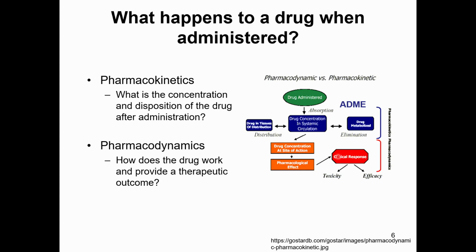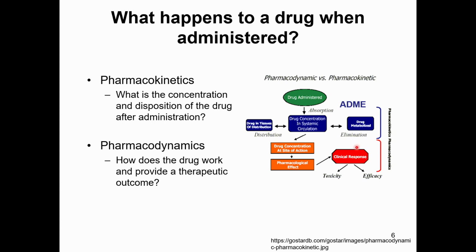Maybe it causes it to open and close channels, and ions go in and out of the cell, for instance. Or maybe it causes the cell to change shape. Or if it's a muscle cell, maybe it causes it to contract or relax. So what is the cellular physiology that's elicited by that receptor? And the drug activates, or perhaps in some cases inhibits, that receptor. So this is the clinical response, the medical response.